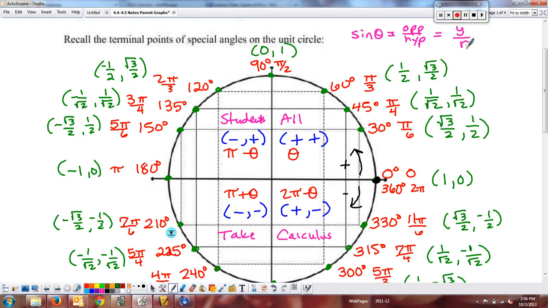And hopefully you'll say, well, of course, the radius, which is the hypotenuse, has to always be the longest section. So this y over r is always a fraction.